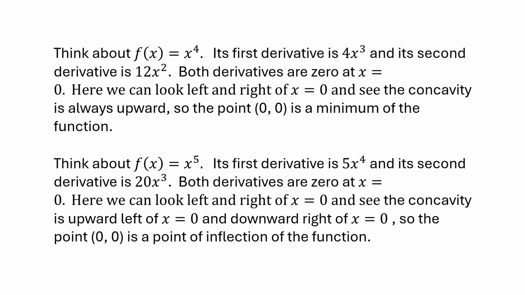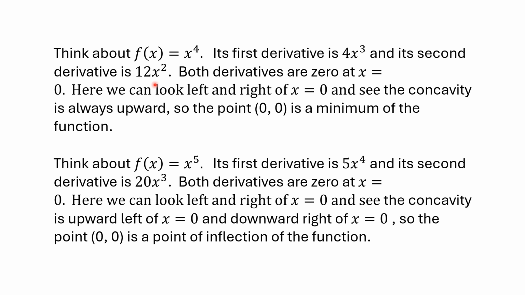And so you might be thinking, well, it must be a complicated function to do that. But no, it's not. Think about f of x as x to the fourth. Kind of looks like a parabola, but not quite. Its first derivative is 4x cubed, and its second derivative is 12x squared.